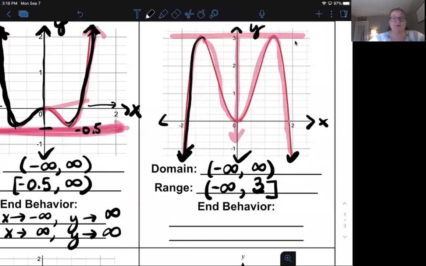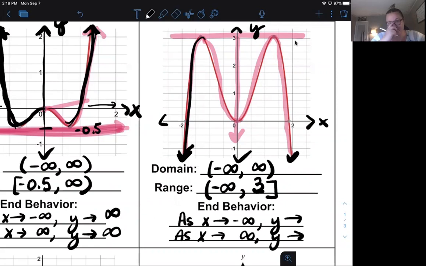So to set up our end behavior answer here, we're going to say as x approaches negative infinity, y approaches whatever. And as x approaches positive infinity, y approaches whatever. So let's see if we can figure out what y approaches for each of these.